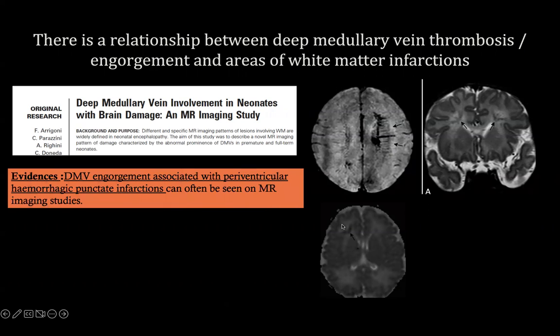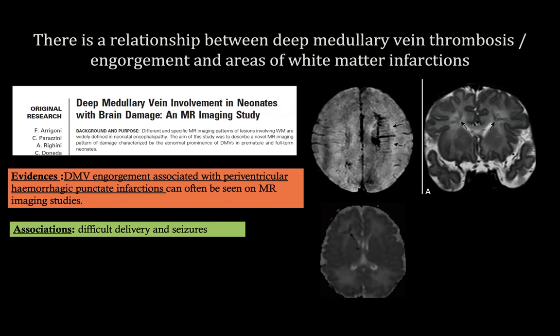And they say that the deep medullary vein engorgement is associated with these punctate infarction that are often hemorrhagic, and the association is with, again, difficult delivery, sometimes seizure, and they can have diffusion restriction. They can have diffusion restriction or not. They can have hemorrhagic changes or not.